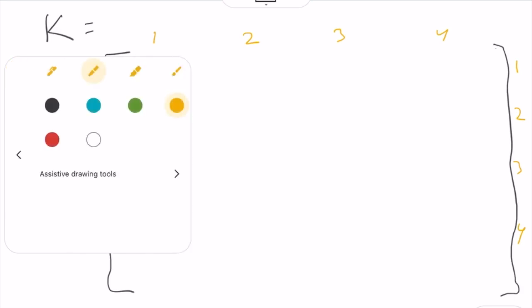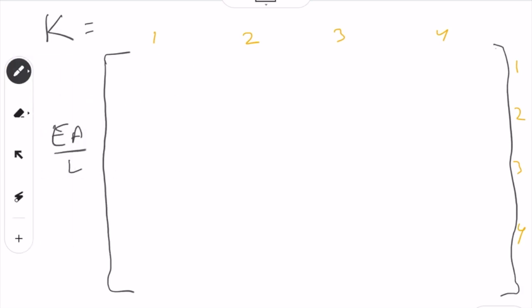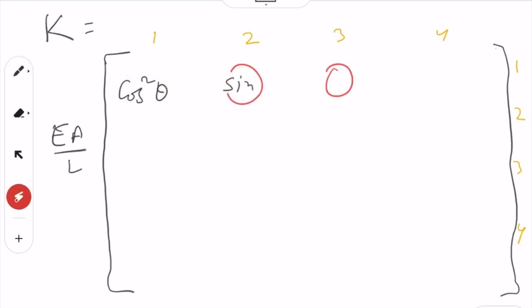So the first one was EA over L, then we had cos square theta, right? So we write cos square theta. Second we got sin theta cos theta. So this is K11, K12, K13, K14.